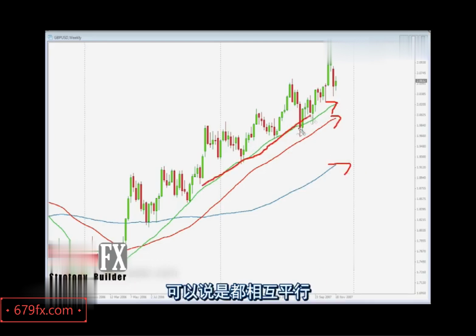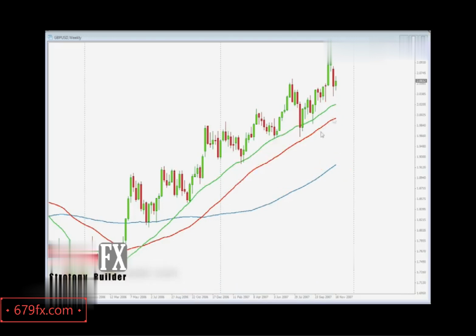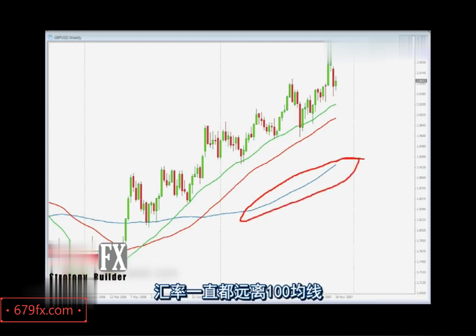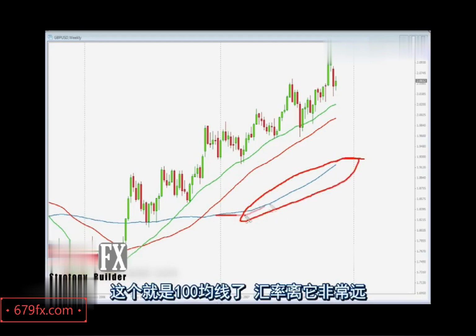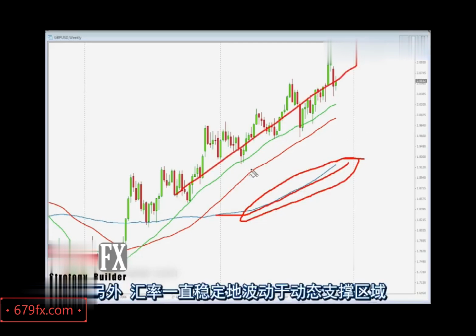They are more or less parallel, especially the 30 and the 50, which are the two most important ones. Price is nowhere near the 100. This is the 100 moving average, and price is very far away from it, isn't it? And moreover, price is swinging harmonically off the dynamic area of support.